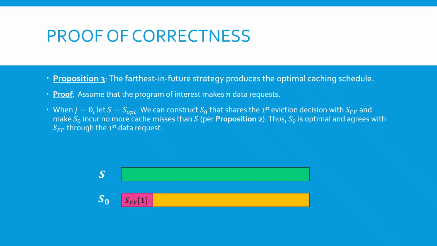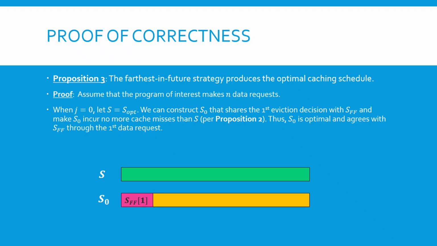By proposition 2, we can construct a schedule S prime that shares the first decision with SFF and incurs no more cache misses than the optimal schedule S. Since S is optimal, S prime is also optimal.